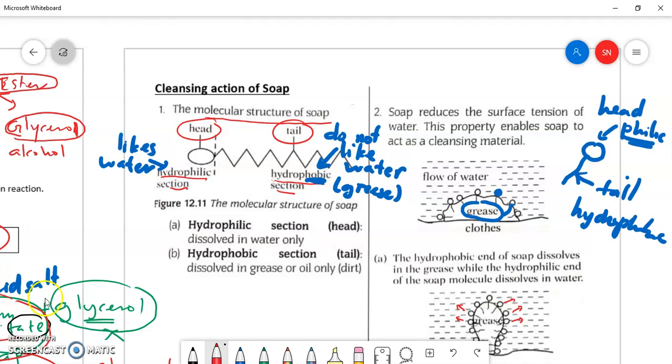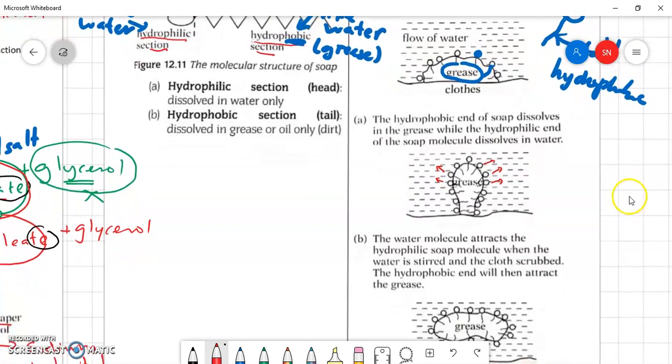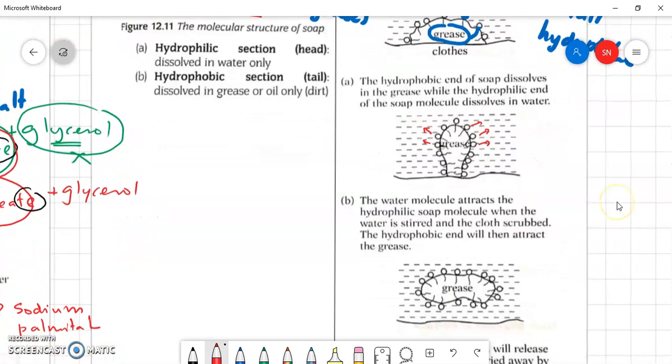So that is basically the cleaning action of soap. You can see it in the pictures here. So eventually the whole grease structure will be pulled out from the clothings. So this is the end of soap.